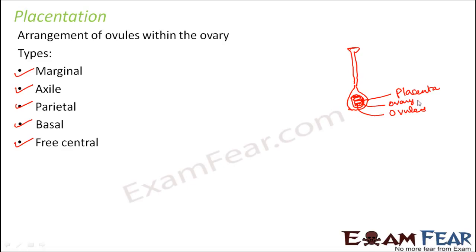So we have a mattress or a cushion over the bed, and you can sleep over that cushion. So that cushion actually connects you, attaches you to the bed. So similarly here, the placenta attaches the ovules to the ovary. So we will now see the different ways in which the ovules can be arranged in the ovary.